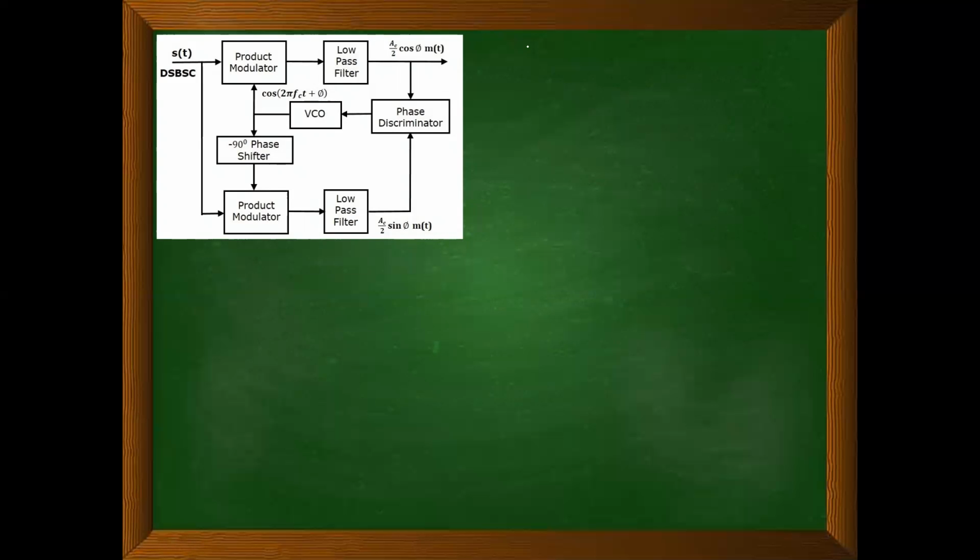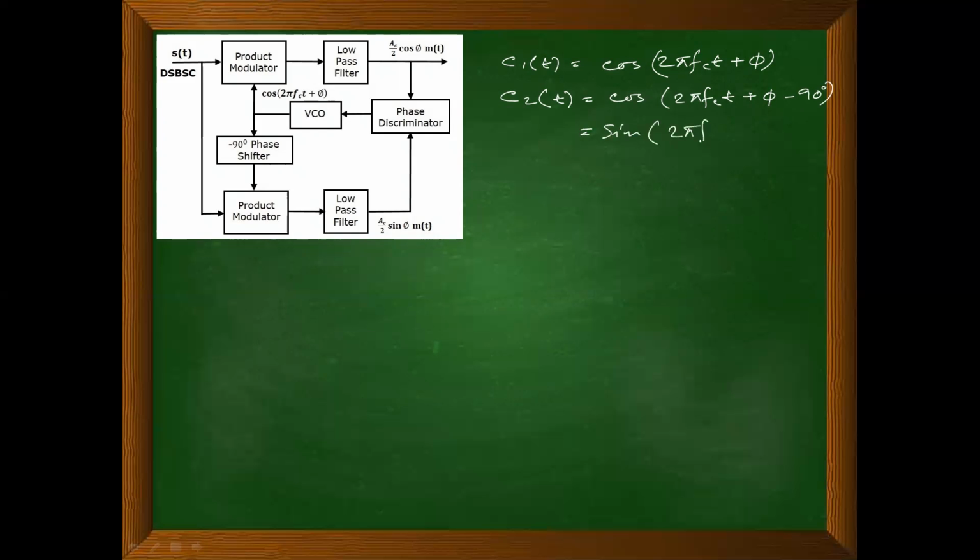Okay, so the upper half of the diagram has C1(t), let C1(t) equal cos(2 pi fc t plus phi), and the lower portion, after the minus 90 degree phase shift, will become sin(2 pi fc t plus phi).